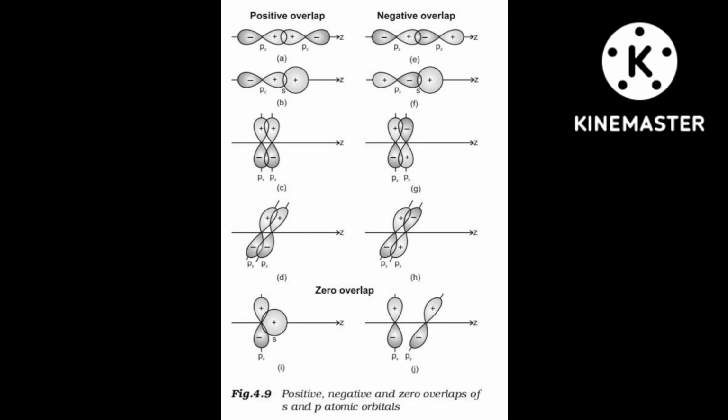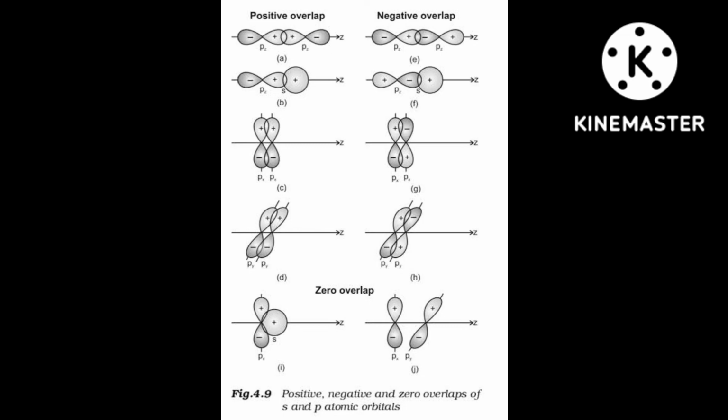Now when HCl comes near the ammonia gas, what will happen? Nitrogen has a lone pair of electrons. Those two electrons will be given to H, which has no electron. In HCl, H has no electron, so this nitrogen will give its lone pair of electrons to hydrogen, and one arrow sign will be given.